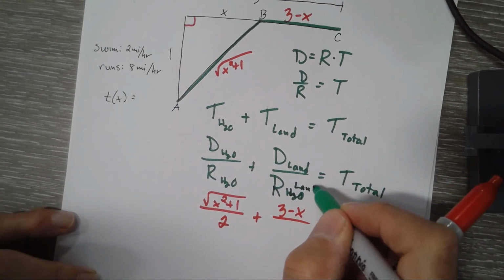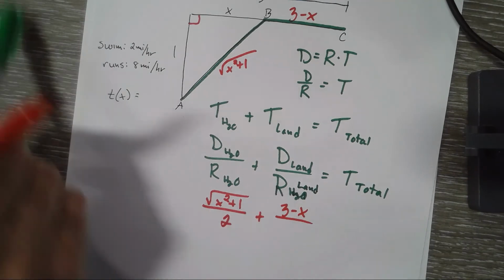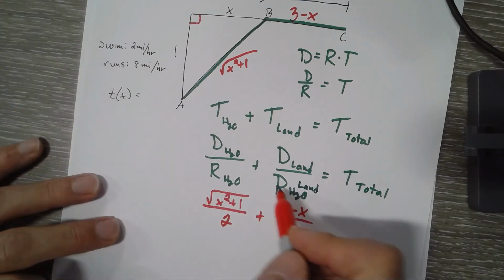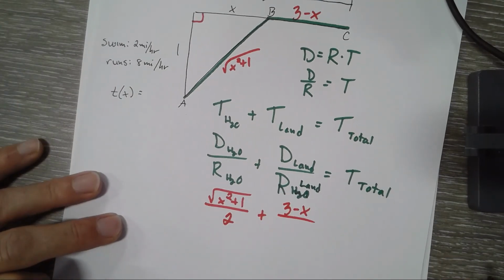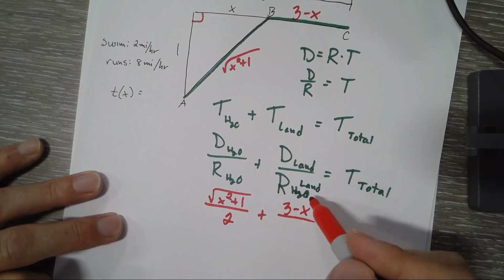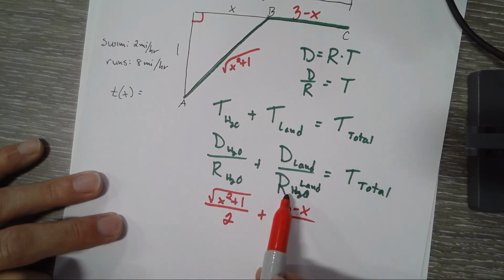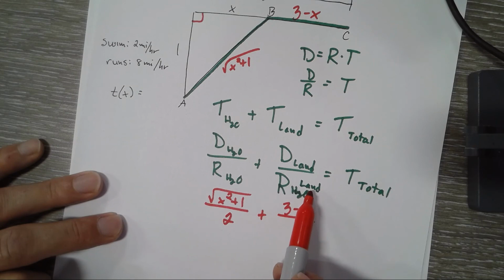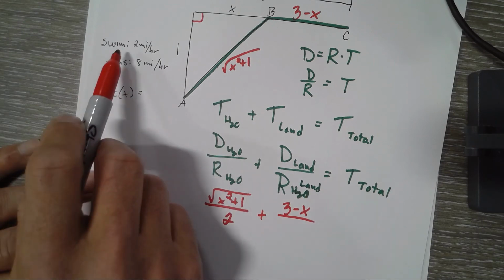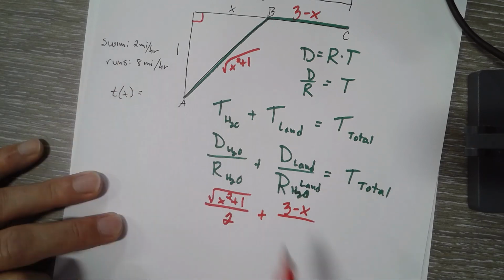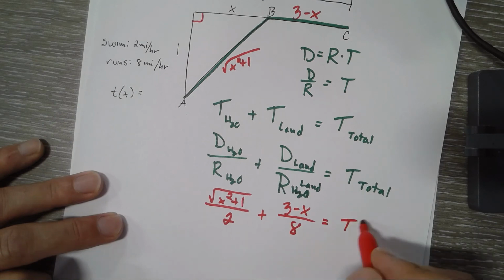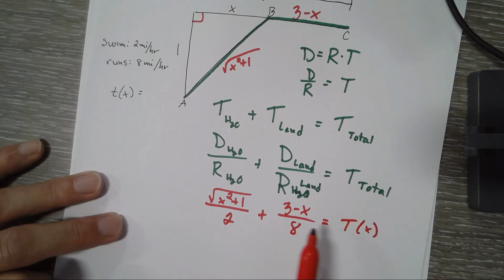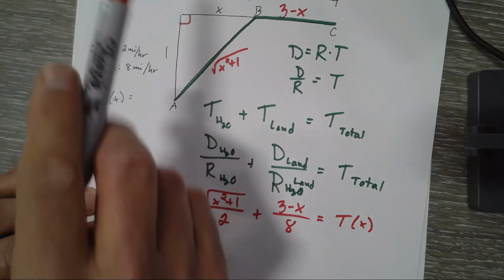Hopefully you viewers saw that all along. Okay, so distance on land divided by the rate on land. So the rate on land is 8. That would be our time written as a function of x, where this distance right here is your x.